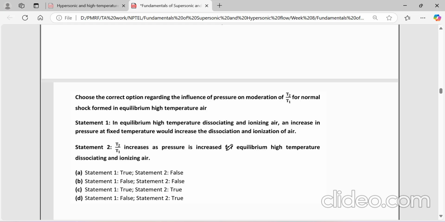Statement 1: In equilibrium high temperature dissociated and ionizing air, an increase in pressure at fixed temperature would increase the dissociation and ionization of air. Statement 2: T2 by T1 increases as pressure is increased for equilibrium high temperature dissociating and ionizing air.